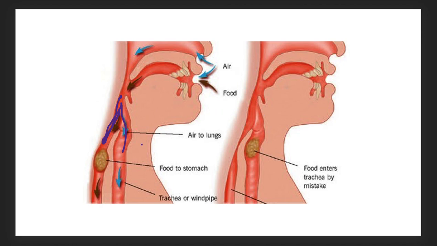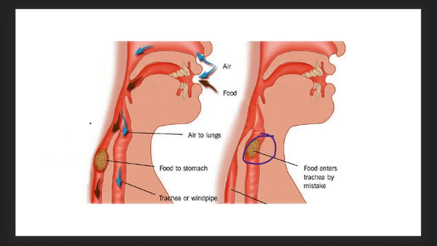So how do you think this is prevented? What do you think the body does to make sure that this doesn't happen? Because if food enters your trachea, it's going to make you cough and get hiccups, and that's not good for your body, because the food is supposed to go down through the esophagus. So what do you think the body does? There is this special flap which is called the epiglottis.